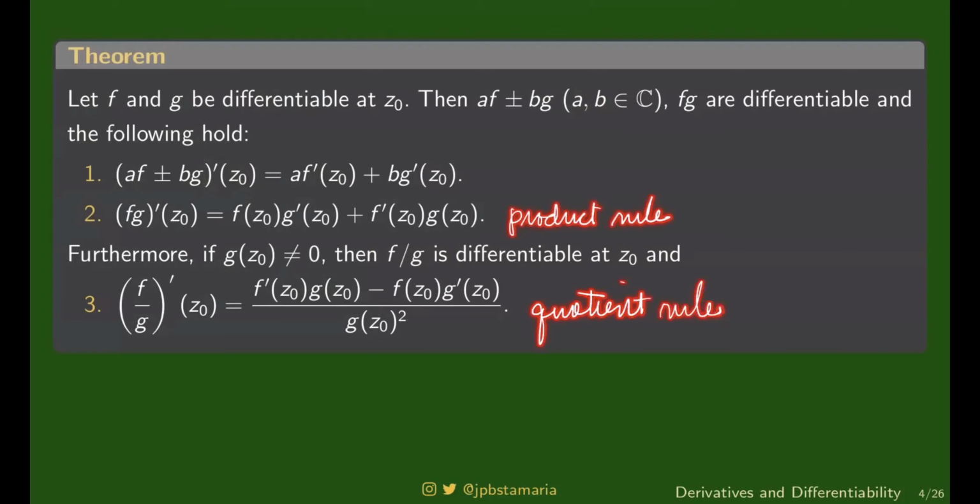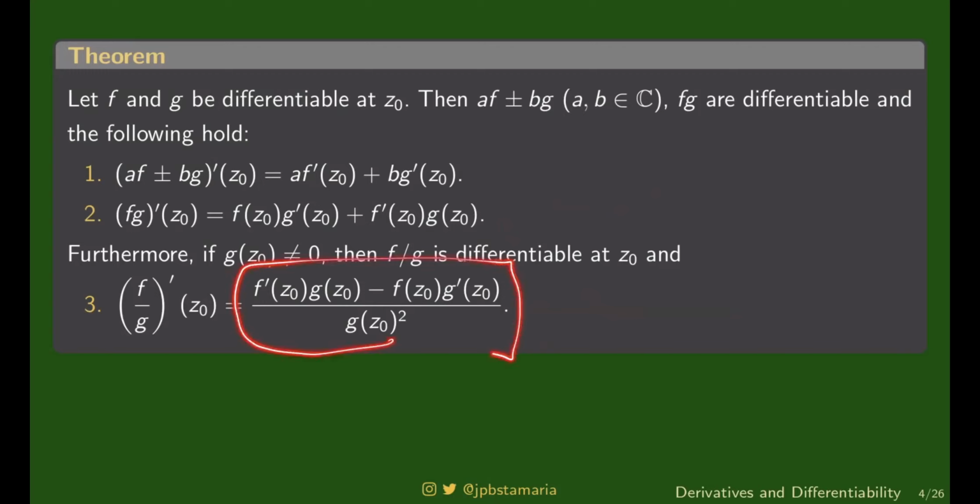Of course, in particular, in number 3, it has a restriction. Siyempre, bawal yung g of z mag-0. Otherwise, yung fraction na to will not ever have meaning, unless you consider infinity part of the discussion. Di ba pag nag-divide tayo ng zero sa complex plane, nagiging infinity.